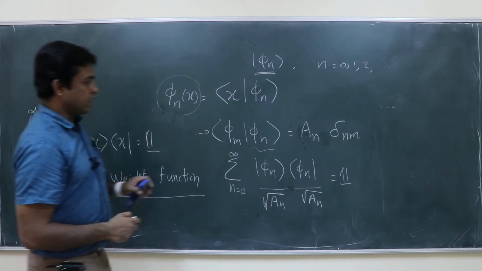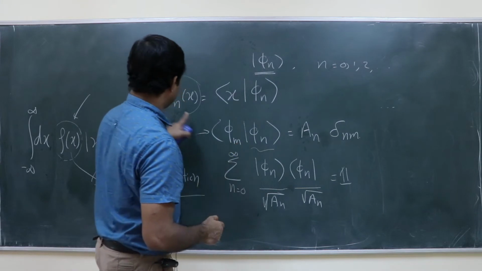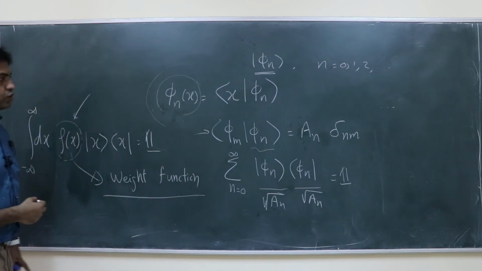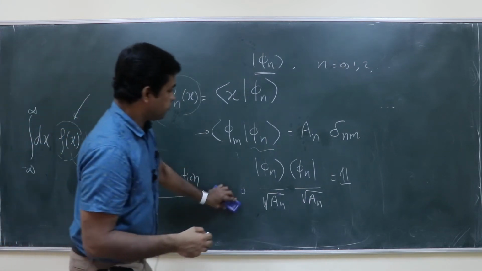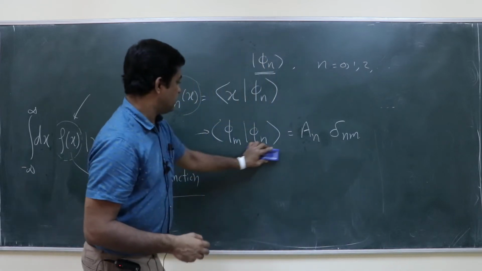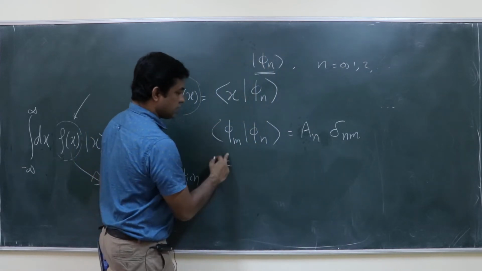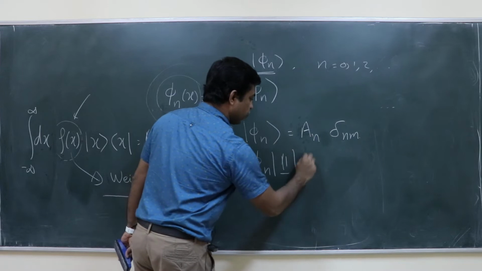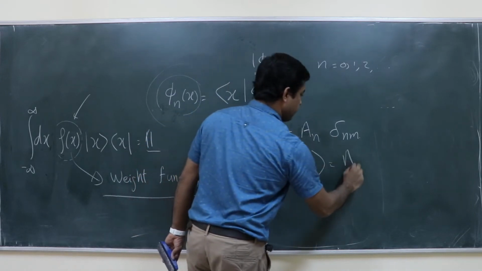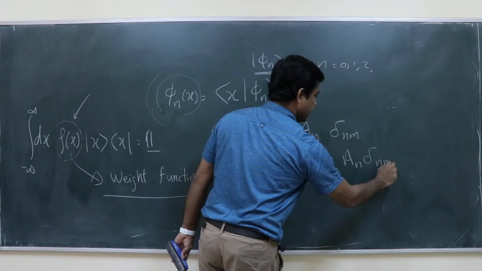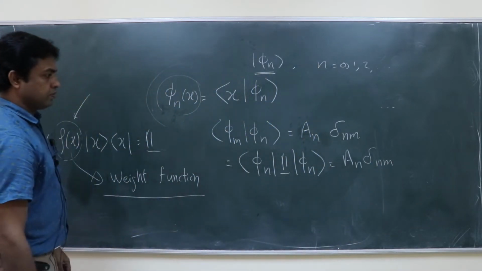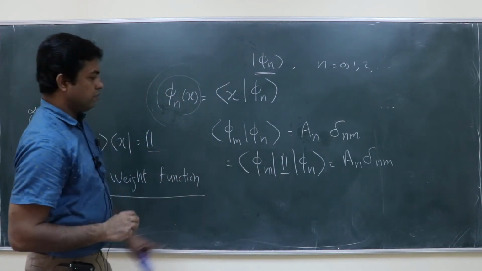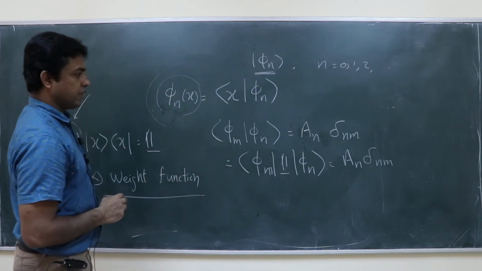Now if that is the case, what happens to the orthogonality relation for phi n of x? So that is what we want now. So I can write this: bra phi m identity operator ket phi n is equal to a n delta n m.